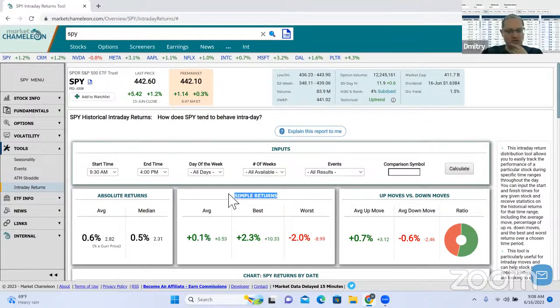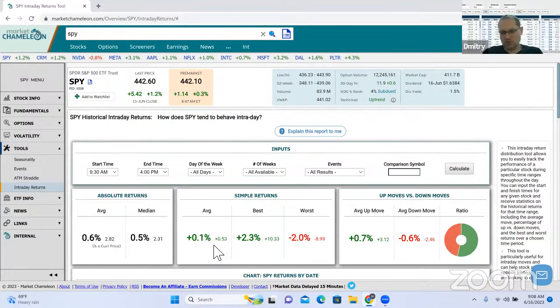Then let's go to the simple returns. And for the simple returns, we see that if we just took all the averages of the returns, it's skewed a little bit towards the upside, 0.1%. So in other words, either the up moves were more frequent than the down moves, or the up moves tended to be stronger than the down moves.